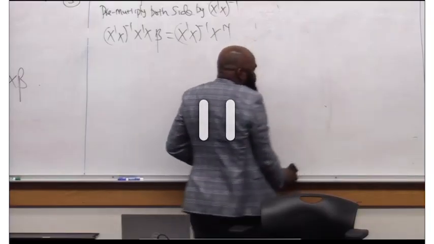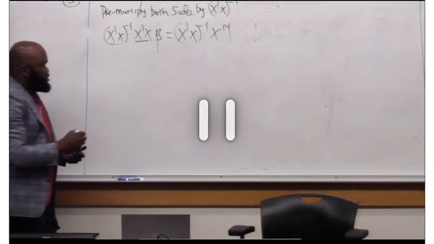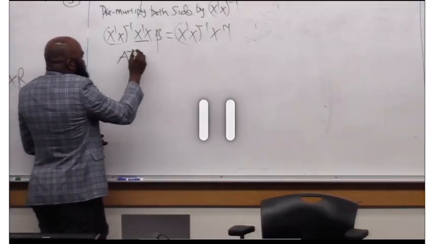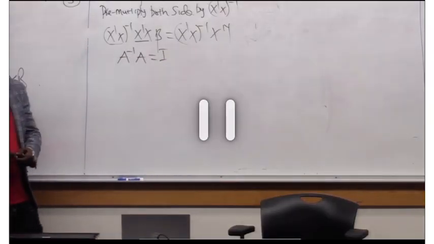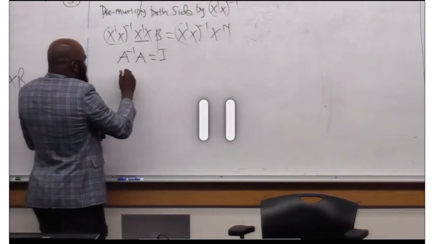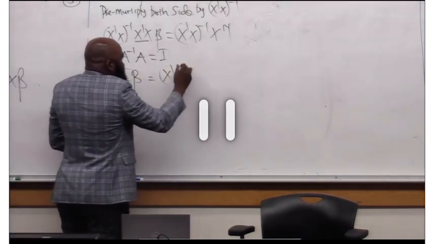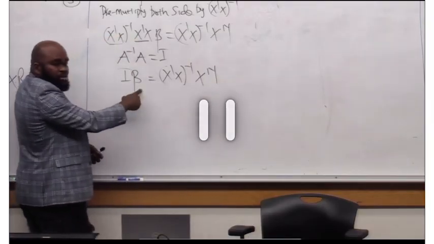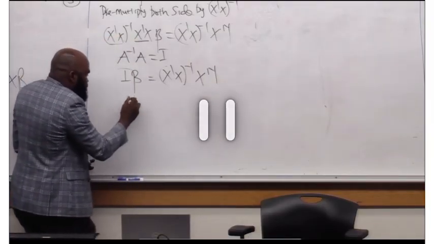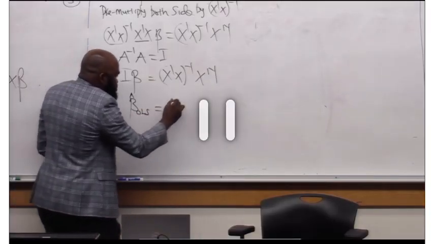From the fact that an inverse multiplied by a matrix is identity, here I'm going to have identity, and on the other side, this guy, x prime y, and identity multiplied by beta is beta. So I'm going to call this an estimate right now. I'm going to put OLS equal to this.